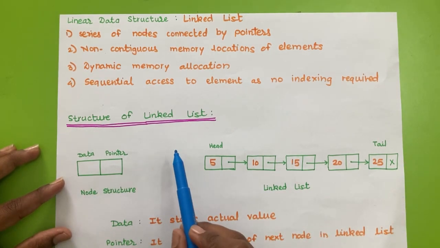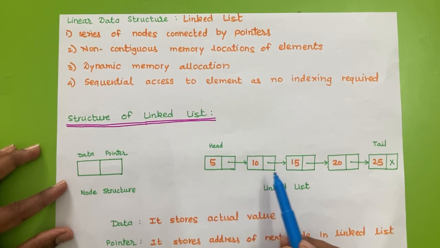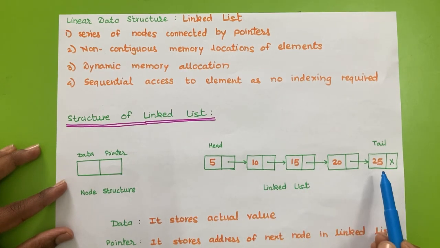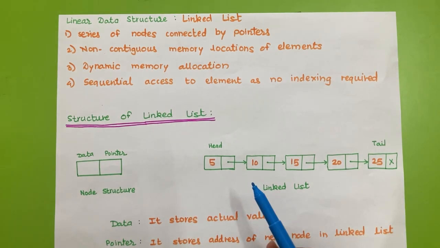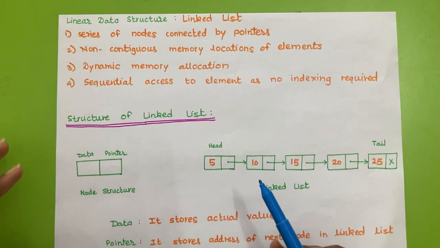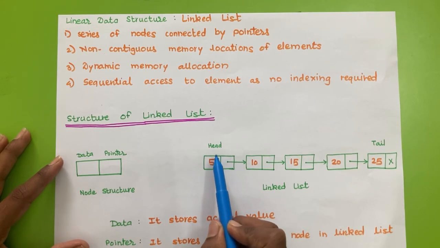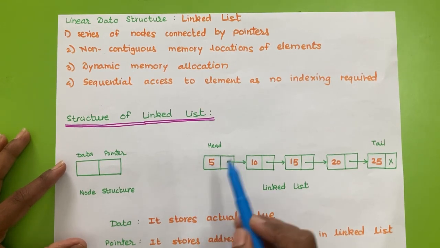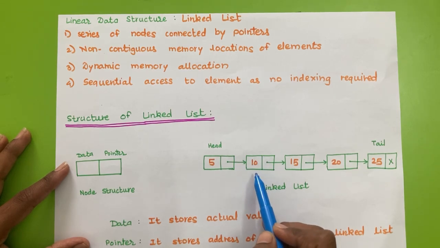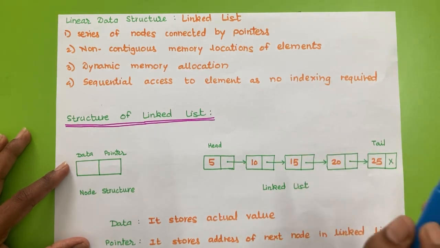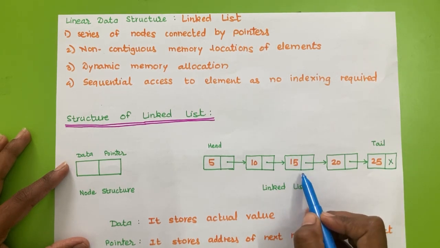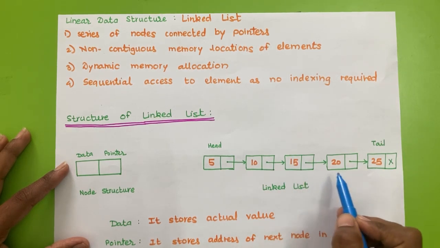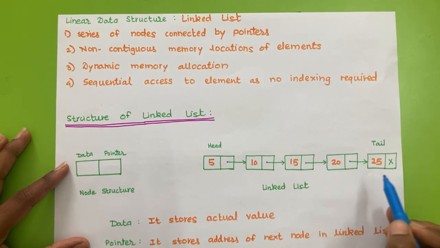But in the case of a linked list the elements are not stored in a contiguous way, or we can call it non-contiguous memory locations, because this element is present at one location and the second node could be present at some other location. The same happens with the remaining nodes also.